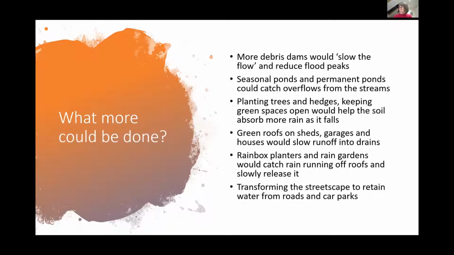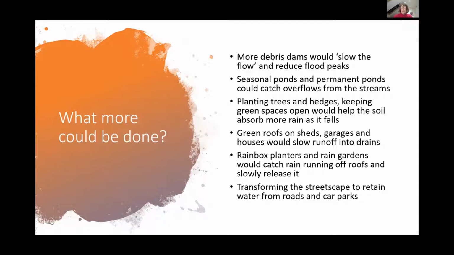So we could, for example, do more natural flood management upstream from the village. There are 7 tributaries. We've only done work on debris dams on 1 of them so far, so there's scope for doing more. We could have more debris dams in the streams. We could have seasonal ponds that allow the streams to overflow in winter when there's a lot of water in the streams and dry out in the summer.